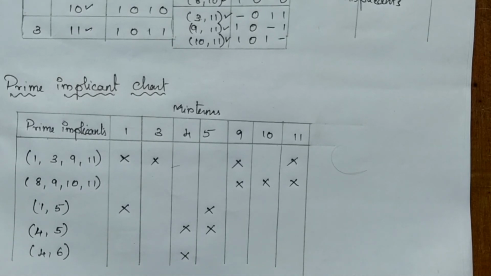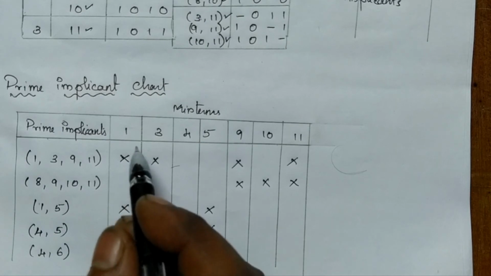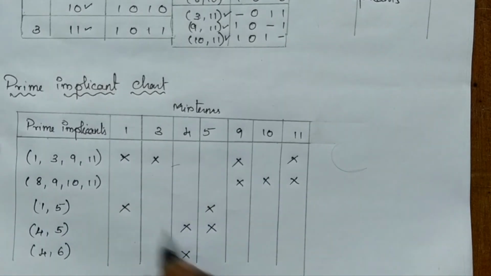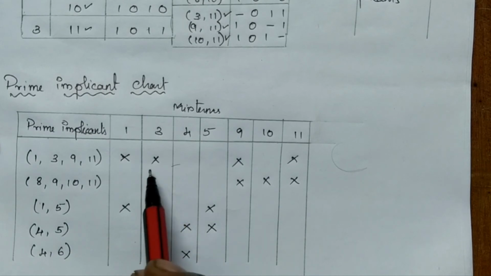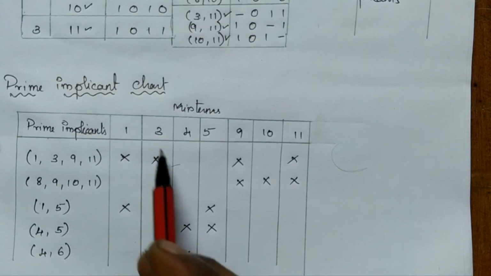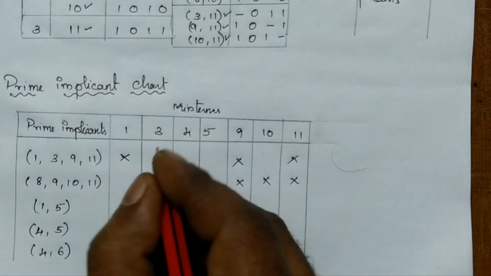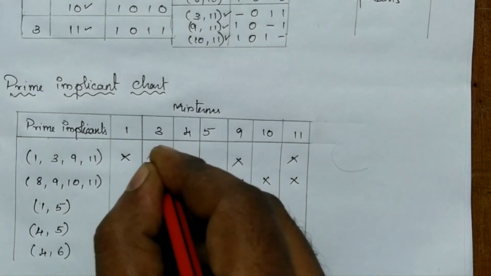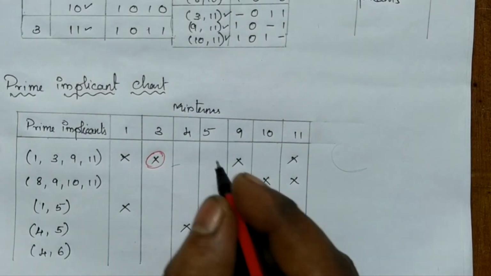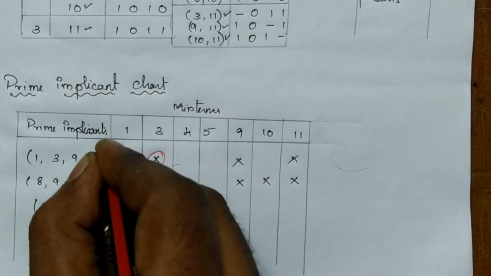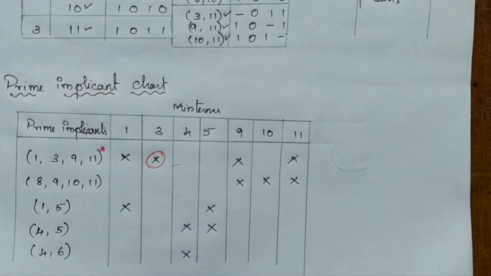Then we need to go for finding the essential prime implicants. So we need to go for checking column wise. Here we are having only one cross mark in this particular column. Therefore we need to make a circle, and the respective prime implicant is considered an essential prime implicant.